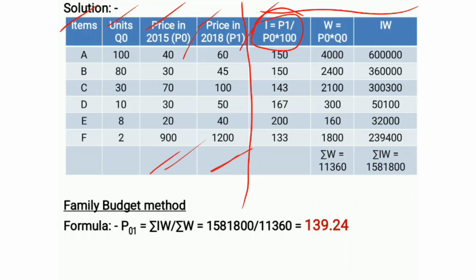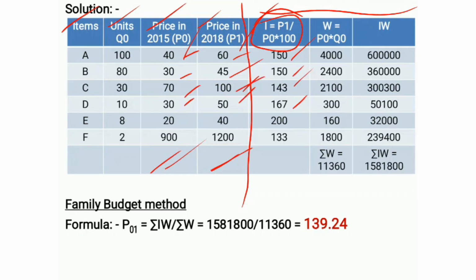So each value of P1 is divided by P naught. 60 divided by 40 into 100 is 150. 45 divided by 35 into 100 is 150. 100 divided by 70 into 100 is 143. 50 divided by 30 into 100 is 167. 40 divided by 20 into 100 is 200. 1200 divided by 900 into 100 is 103.